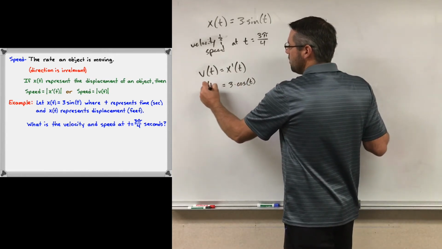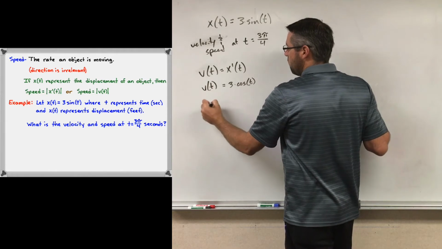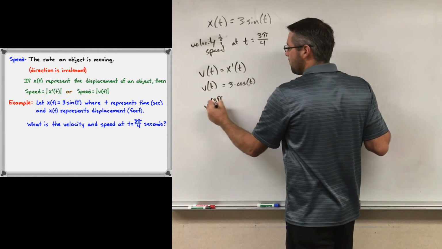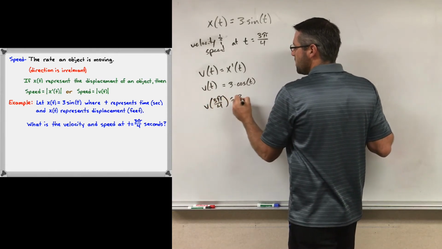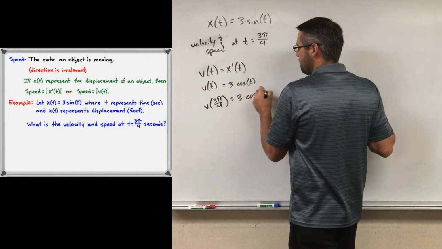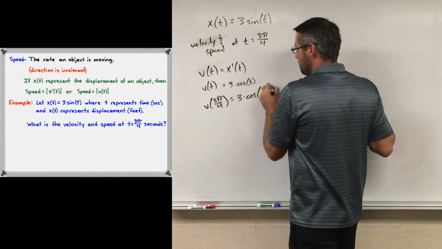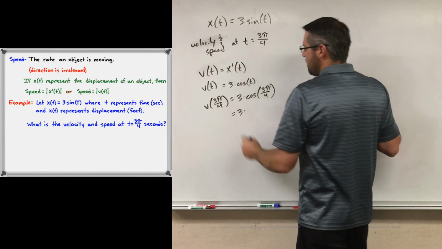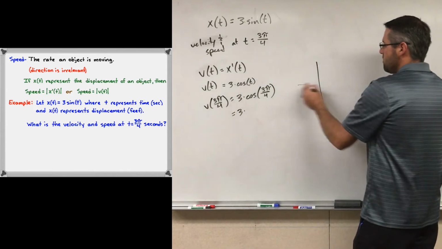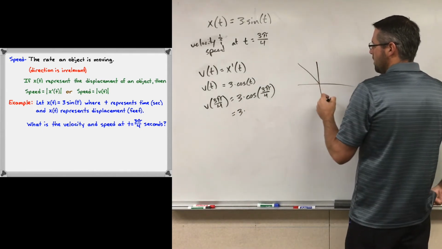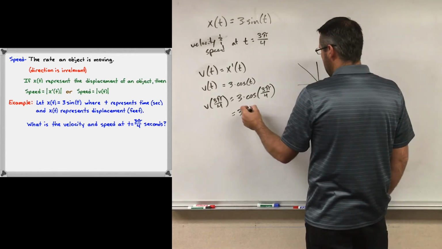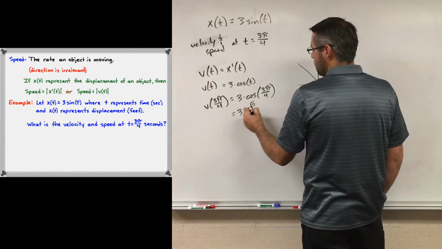Now, I want to know the velocity at 3 pi over 4. So velocity at 3 pi over 4 is equal to 3 times cosine of 3 pi over 4. Okay? And we just got to calculate that. Well, cosine of 3 pi over 4, 3 pi over 4 is there. Cosine is going to be negative radical 2 over 2.